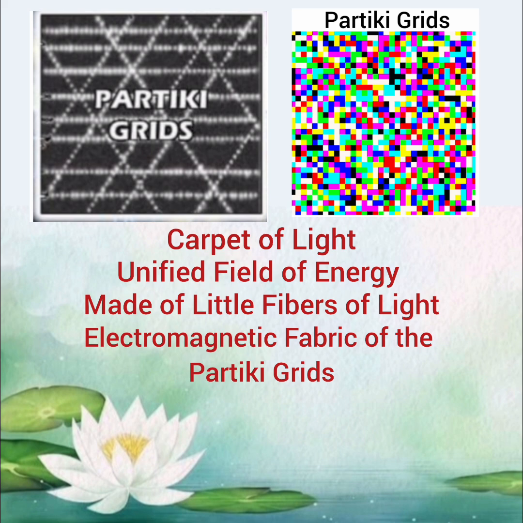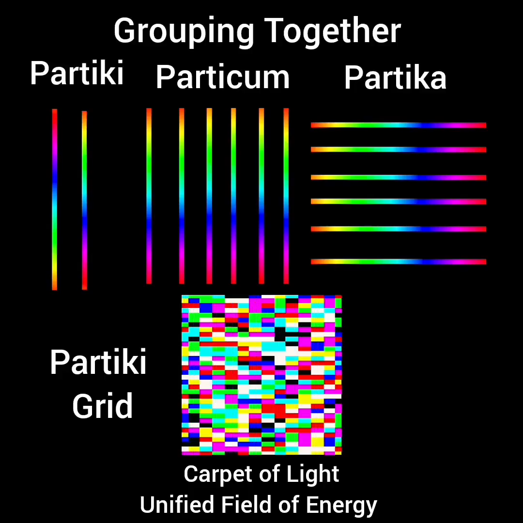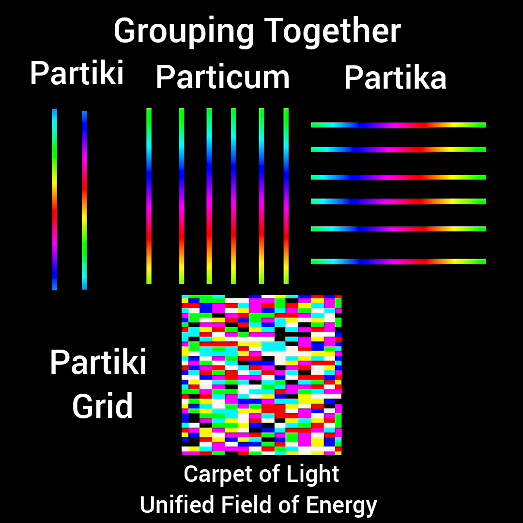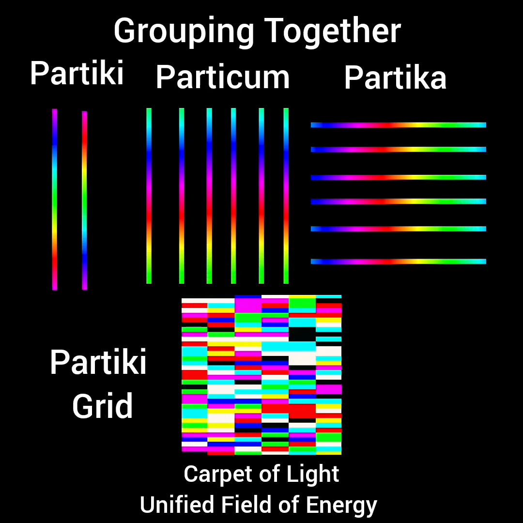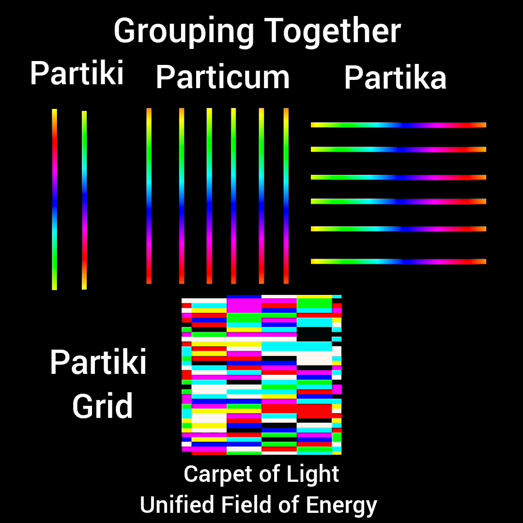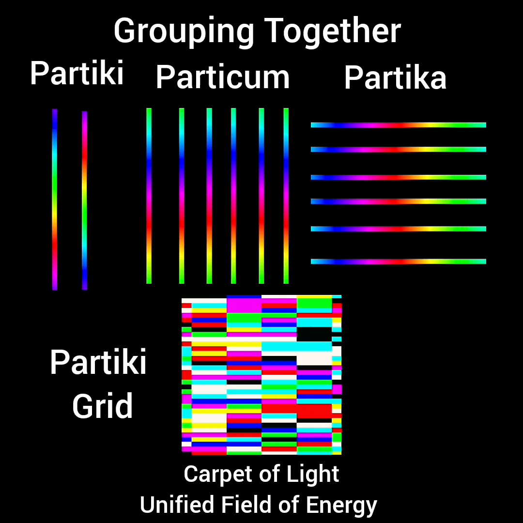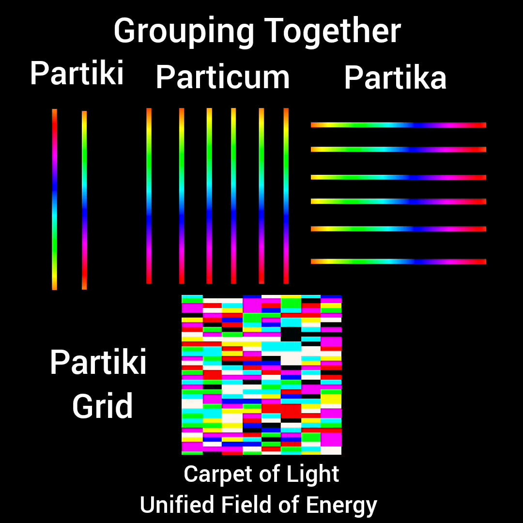Now let's take an example. As you can see in the picture, in the TV, we can see the partiki grids. If you have seen this picture when the network is not coming in the TV, then you can see there are partiki grids.